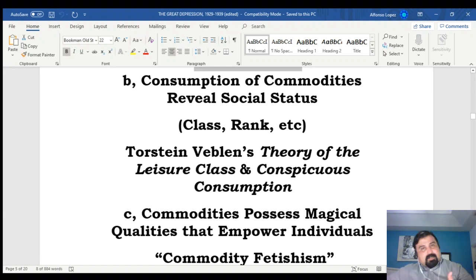So this consumption, again, this consumerism, if you will, it's also a way to express class, to express rank and your social status. And the more conspicuously you do it, the more, in other words, noticeable, that if you're spending in a very noticeable way, that people see you spending money, in other words.